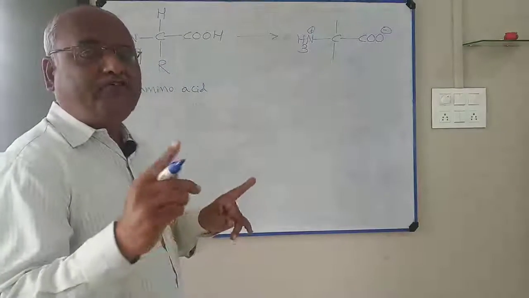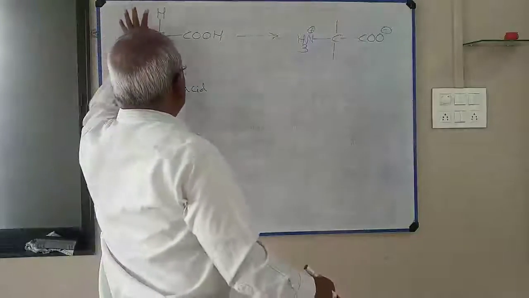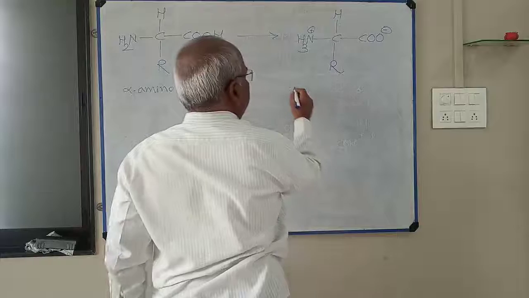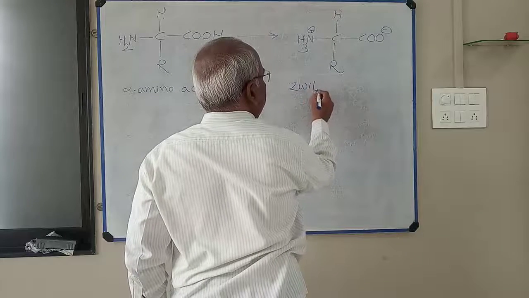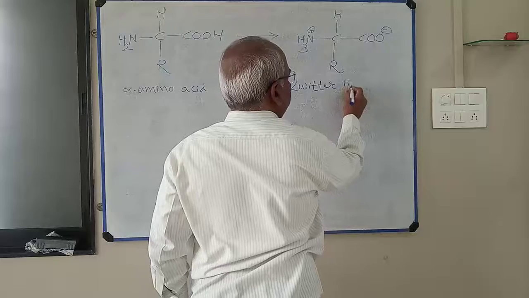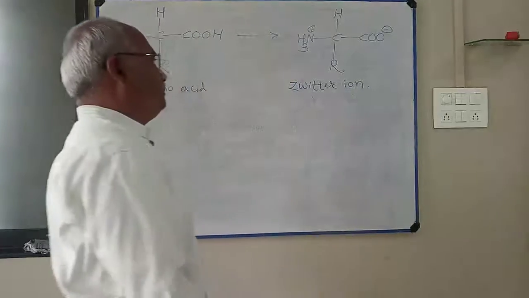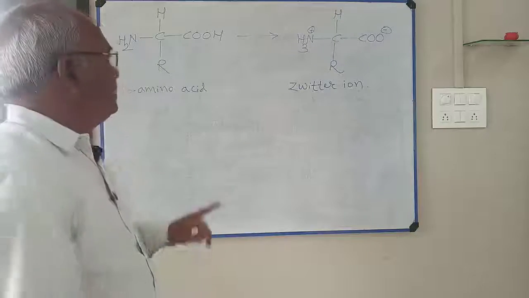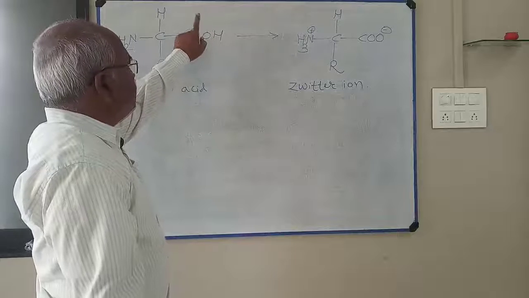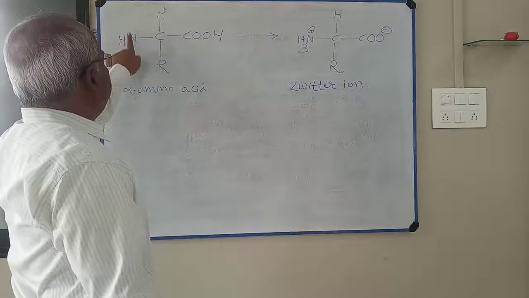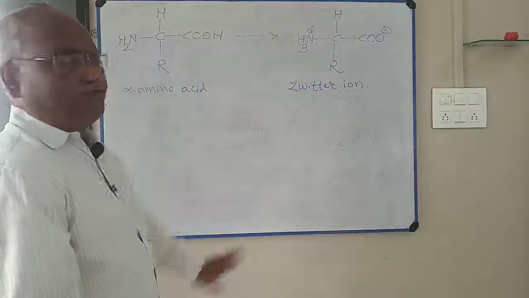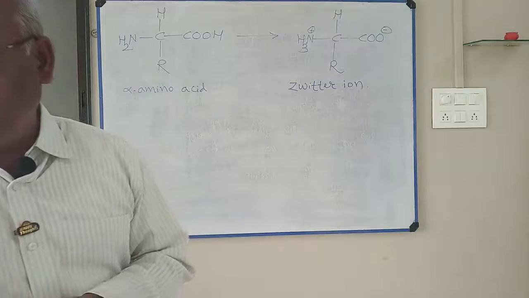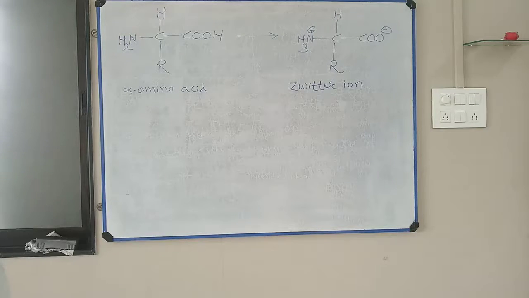So doubly charged ion is produced. H and R remain as they are. This ion is called Zwitter ion. Such a doubly charged ion formed by transfer of proton from carboxyl group to NH2 group is called Zwitter ion. So it is an important point as far as examination is concerned.